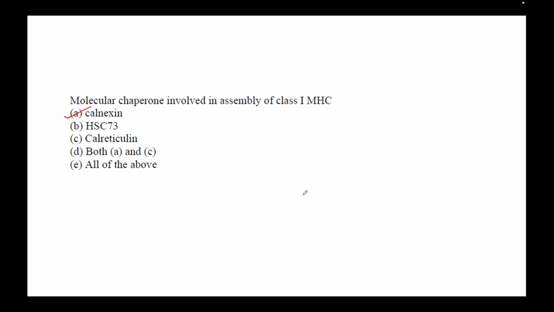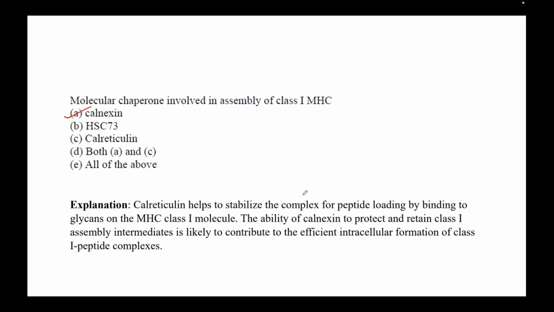When the beta subunit binds, calnexin releases, and then calreticulin and other chaperones come into the picture, and they bind and allow the folding. Calreticulin helps to stabilize the complex for peptide loading by binding to the glycans on the MHC class 1 molecule. And the ability of calnexin to protect and retain the class 1 assembly intermediates is likely to contribute to the efficient intracellular formation of class 1 complex peptides. So the correct option will be these two.